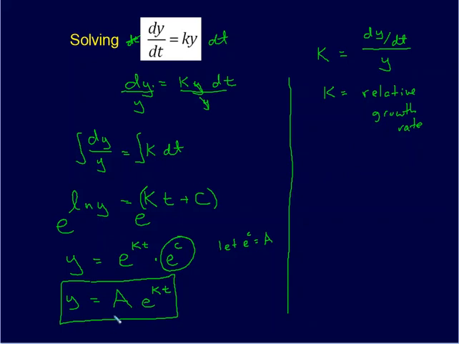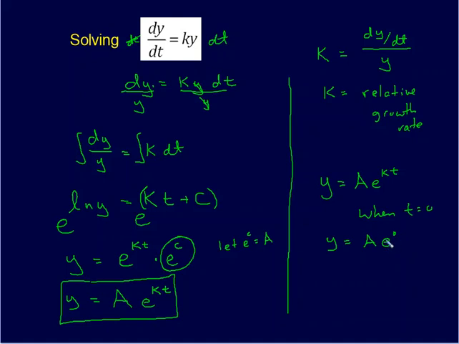The other thing is about this constant a. Let's take a look at it here, and we can observe something about it. If I were to ask you, what is the starting value of y? In other words, what do I get if I'm at the very beginning of the study and t is 0? Okay, so when t is 0, y would equal a times e to the 0.